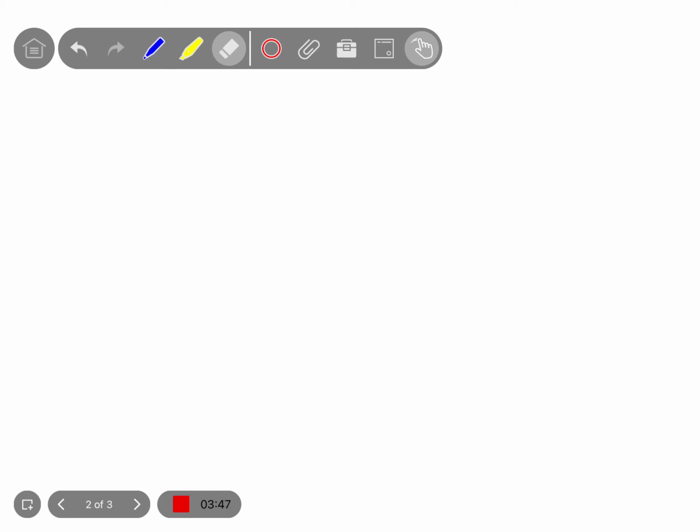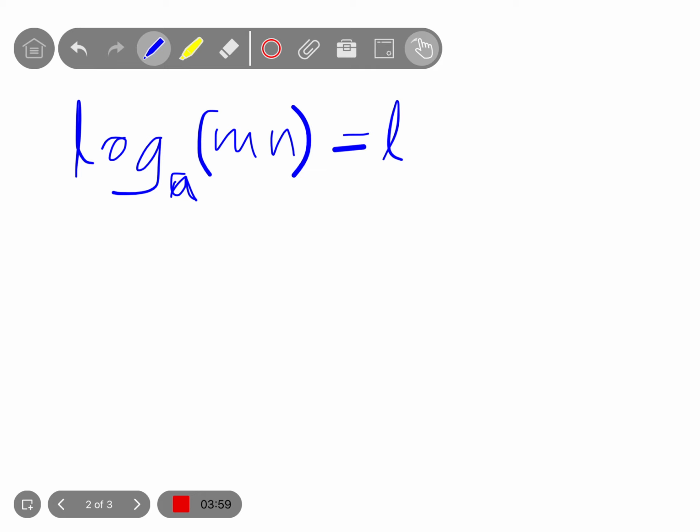So if you look at log base a of mn multiplication, this is equal to log base a m plus log base a n. So the multiplication of two numbers, its logarithm is equivalent to the addition of logarithms of the individual numbers.